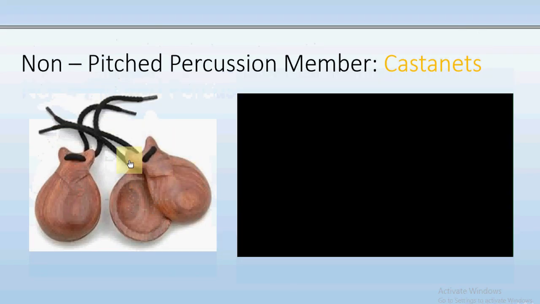Then this is castanet. This is something that you put in your hands and tap, playing with it. I think it is mostly found in Latin countries, Mexico, Peru, and others, Colombia.